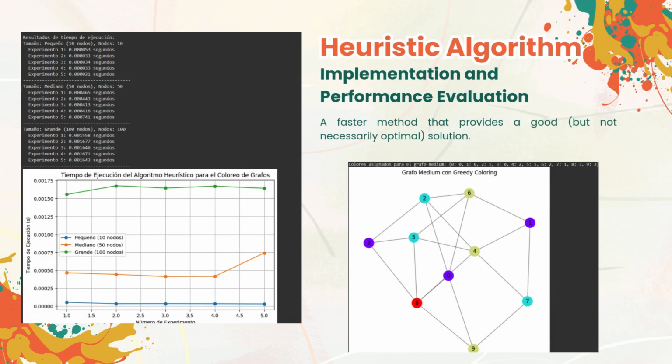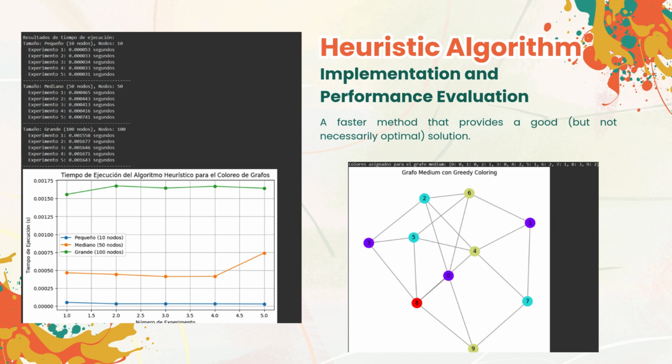Now, let's talk about heuristic algorithms for graph coloring. Unlike exact methods, heuristics aim for fast and reasonably good solutions, so not necessarily optimal. In the image, we see an example of graph coloring using a greedy algorithm.